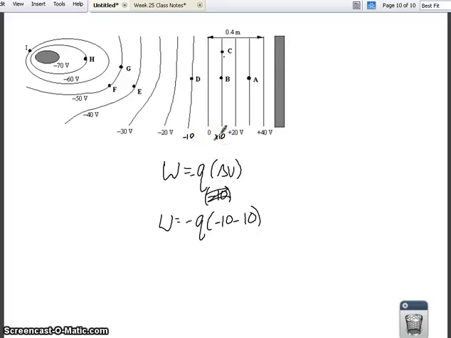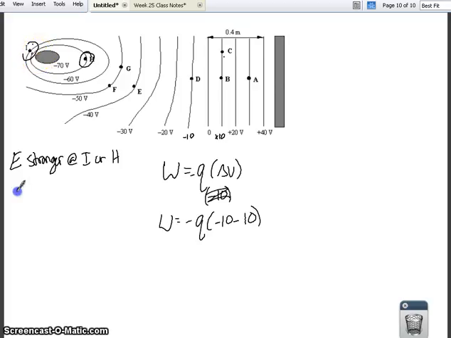Another common question you might see based on this equipotential graph is: is the electric field stronger at I or H? Here or here? If you just look at the picture, the electric field is going to be stronger in areas where the slope is steeper.